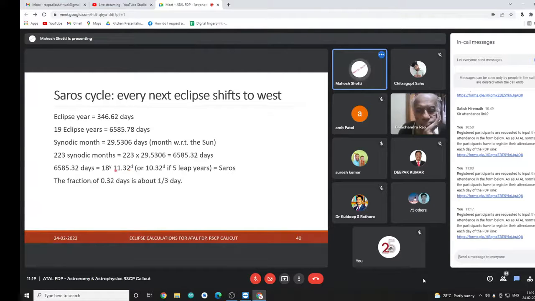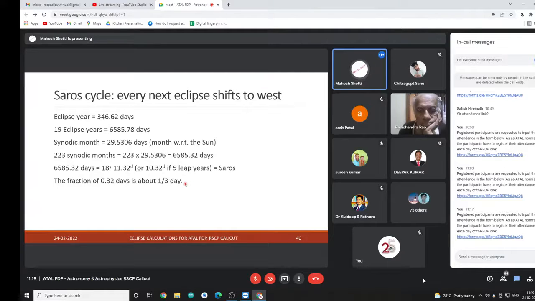The fraction of 3.32 days over here is about 1/3 day. What it means is that the instant of new moon is going to get shifted by 0.32 days, or about 8 hours.